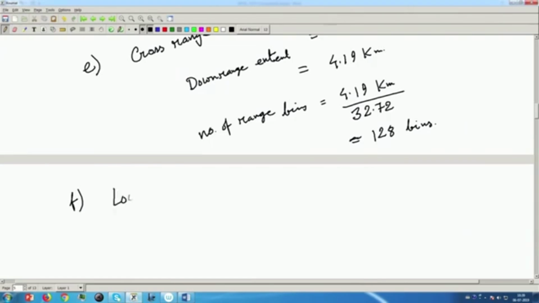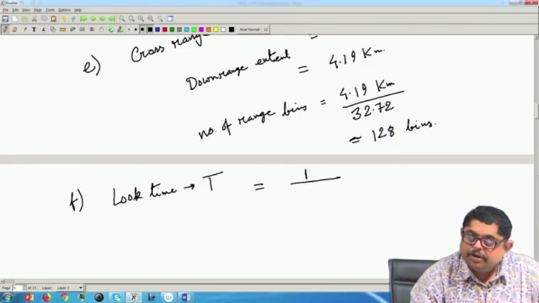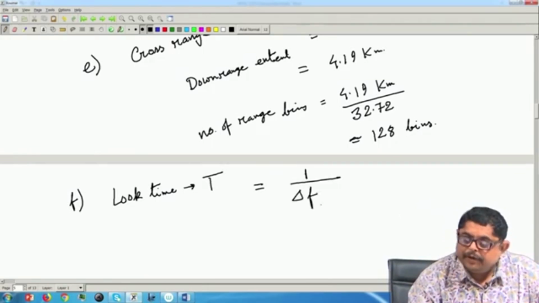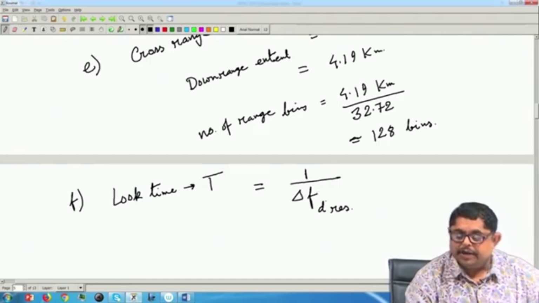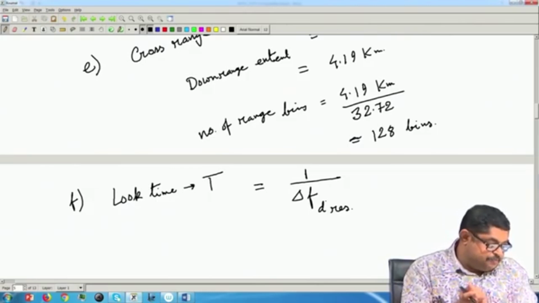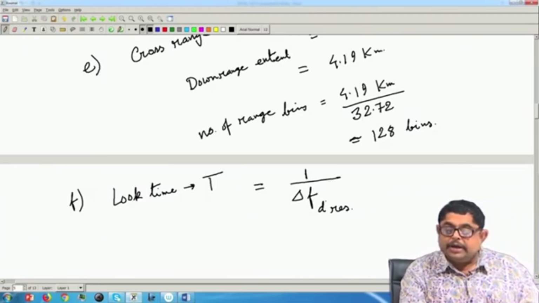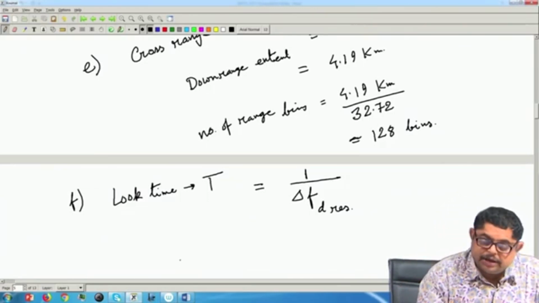Let us call it capital T. We know from our knowledge of resolution that it is 1 by delta f d, the Doppler frequency resolution. So, we can first calculate delta f d.